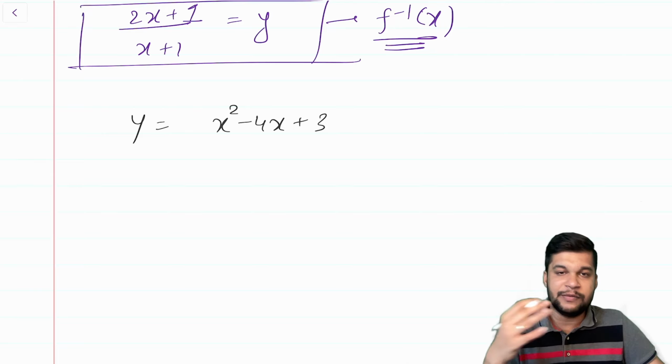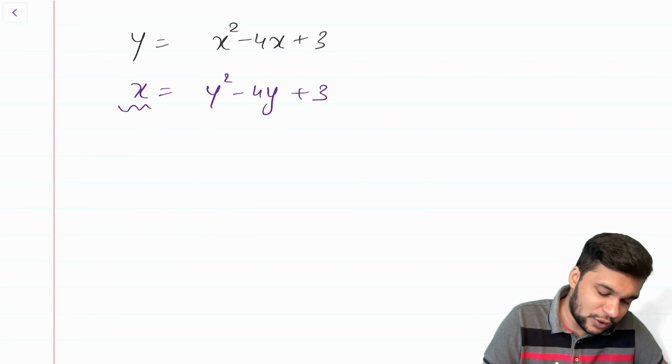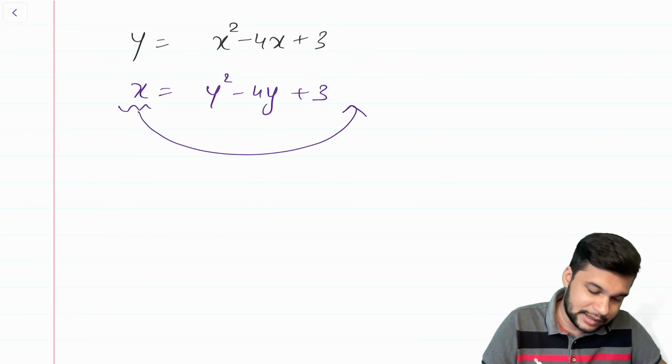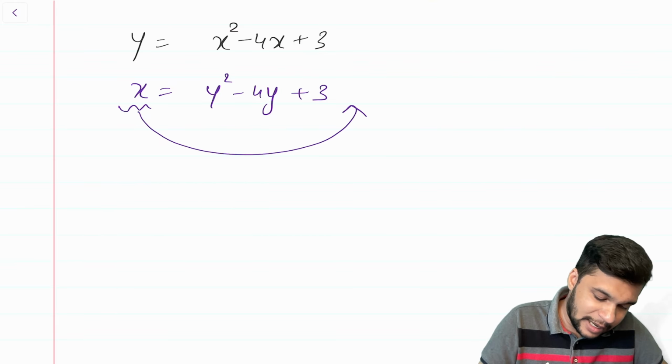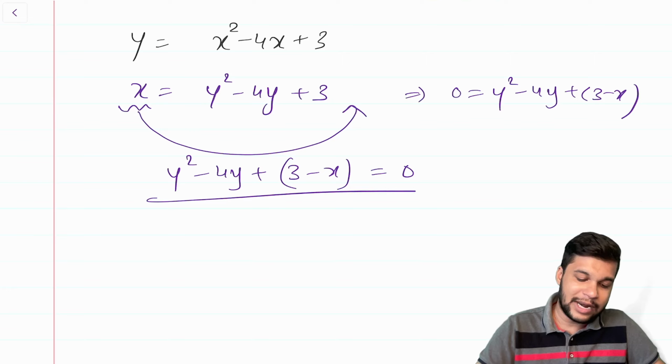Step number 2, you have to make y the subject. So what will I do? I'll shift x to the other side. So it becomes y square minus 4y plus 3 minus x equal to 0. I shifted x towards the right, and instead of writing 0 equal to y square minus 4y plus 3 minus x, I wrote it like this.